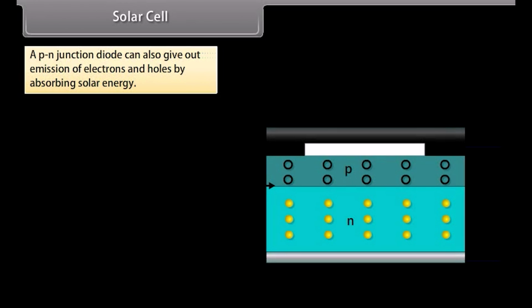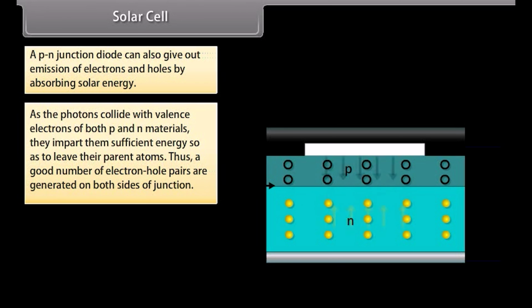A pn-junction diode can also give out emission of electrons and holes by absorbing solar energy. The P material at the top is very thin compared to the thickness of the N material. Thus, solar energy photons entering from the top glass window easily penetrate up to both sides of the junction.